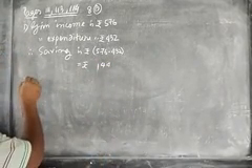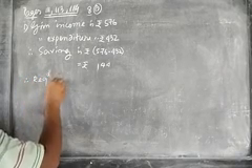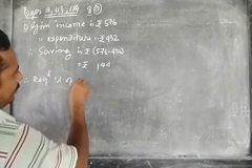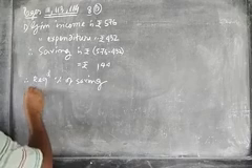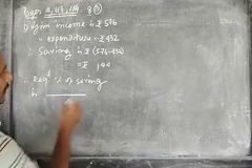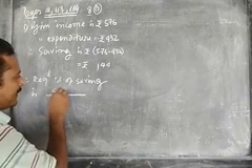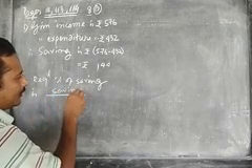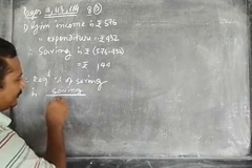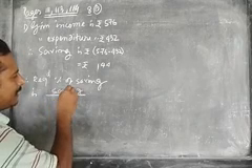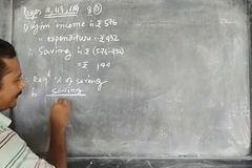Therefore, required percentage of saving is, you always make the fraction like this. So saving amount you will write in the numerator, then percentage saving is found by finding the fraction of saving amount by income.